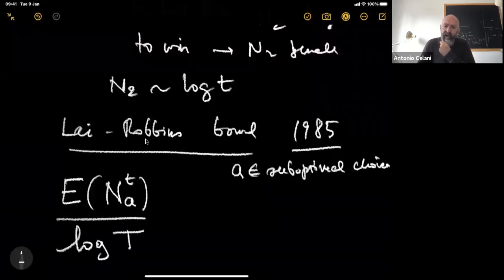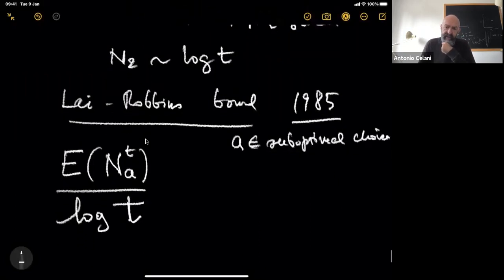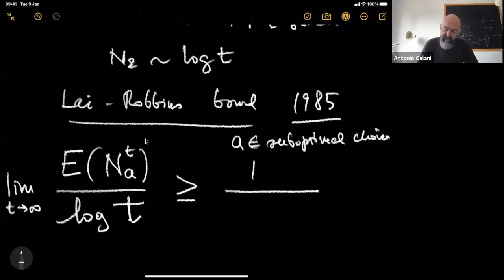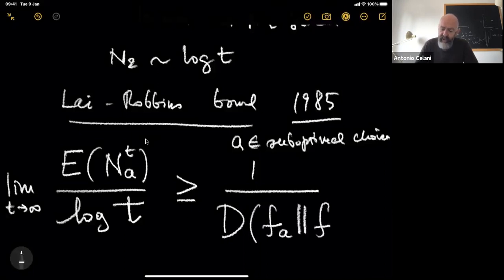And you divide this by the logarithm of t, and you take the limit for t going to infinity. This quantity here must be above 1 over the Kullback-Leibler divergence between the distribution of the suboptimal arm and the distribution of the optimal arm.